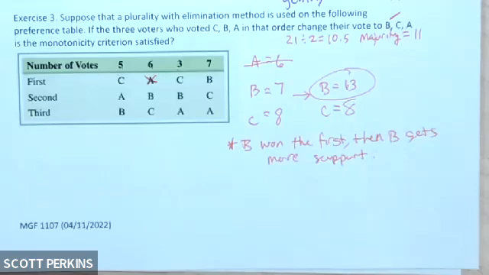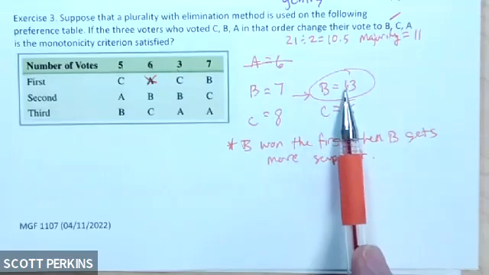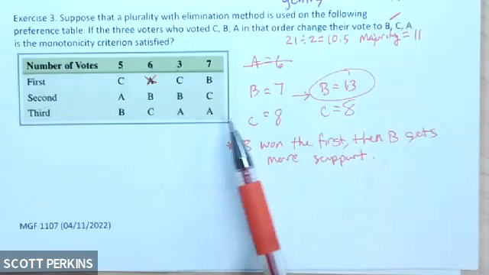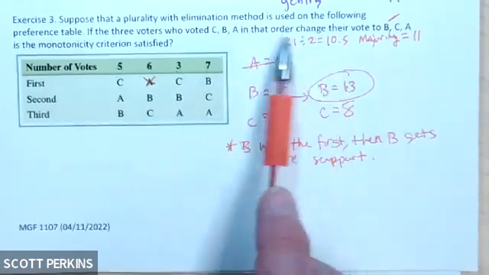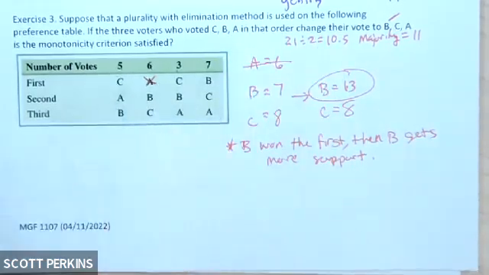According to this criterion, whoever wins the first election, if they get more support, mathematically we would assume they're going to win the second election. If B won the first election and B did not get more support, so if we changed it to C, then the monotonicity criterion does not apply.